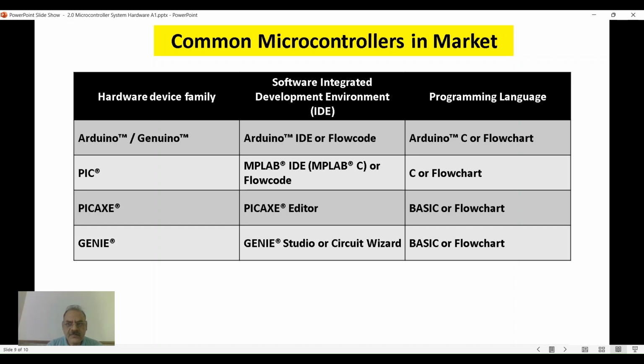Flowcode is a much more powerful system, and we'll be using Flowcode for programming these microcontrollers. PICAXE uses BASIC language. Genie also uses BASIC language, but Flowcode can program these also.